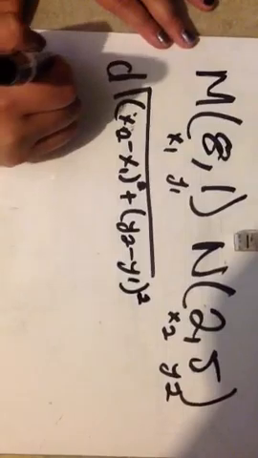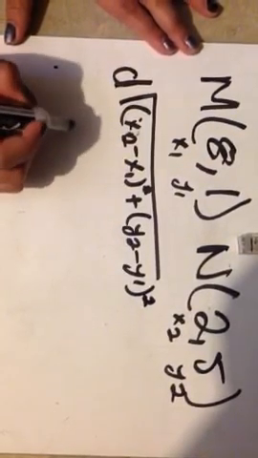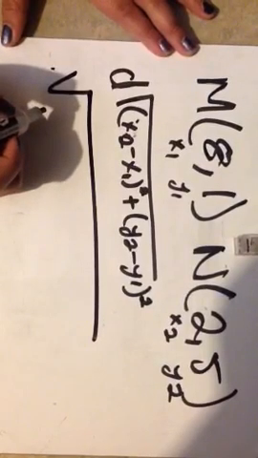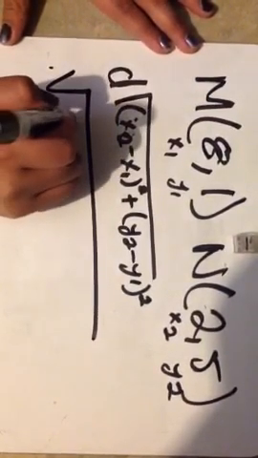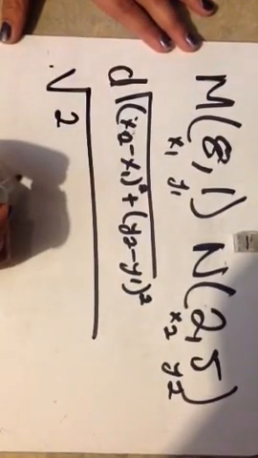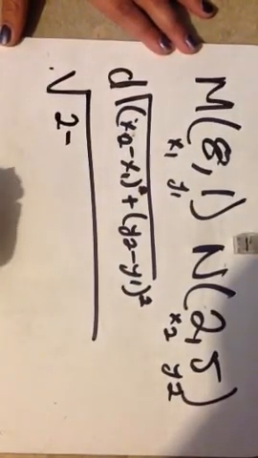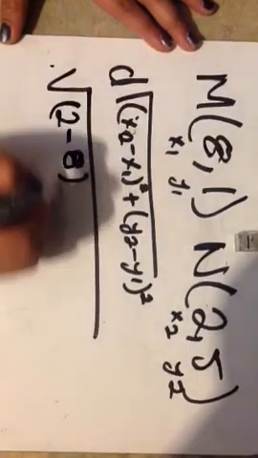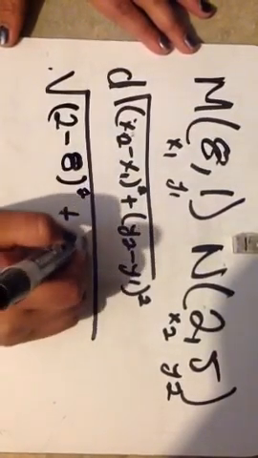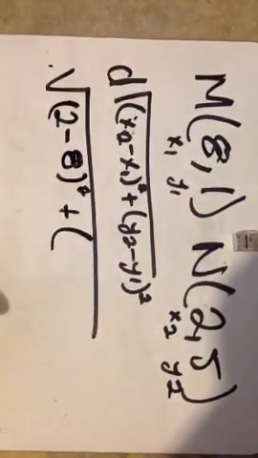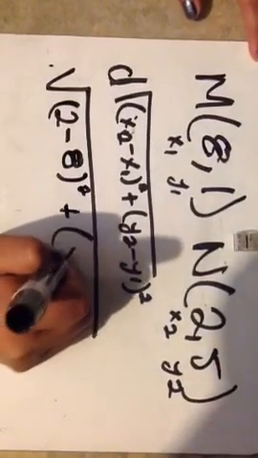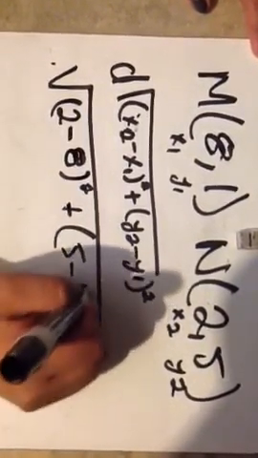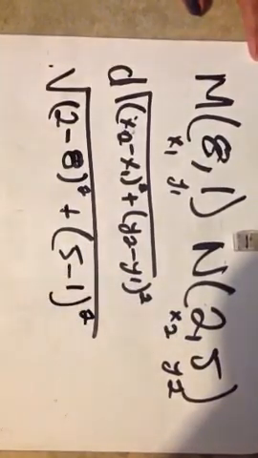So, in this case, our X2 is 2 minus X1, which is 8, squared, plus our Y2 is 5 minus Y1, which is 1, squared.